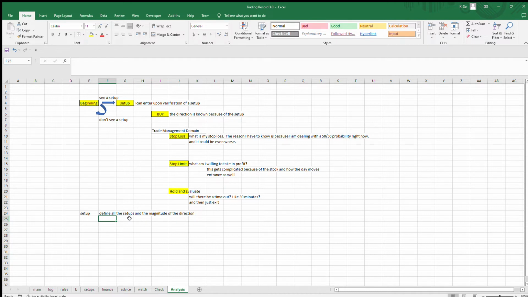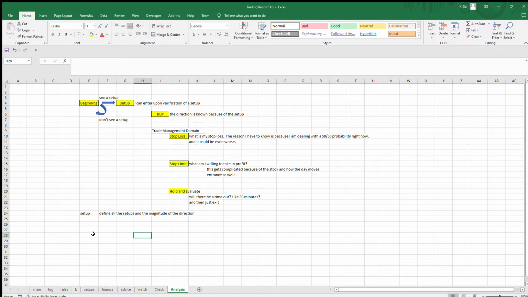Once I achieve that, that'll help me understand where the stop loss and the stop limit will be. And then it'll also tell me how long I should hold and how long I should evaluate. So trading is this simple.